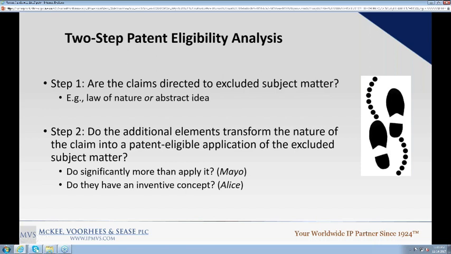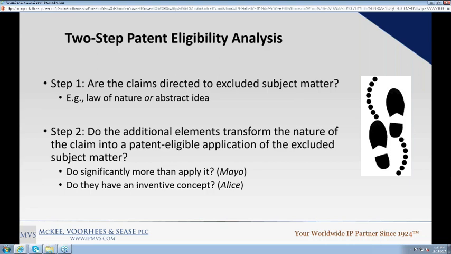The first one really asks, are the claims directed to an excluded subject matter? A lot of the cases we're going to deal with are law of nature cases or abstract idea cases, pure mathematical formulas, and other criteria that could fall into that excluded subject matter. And then you ask, do the additional elements in the claim transform the nature of the claim into something patent eligible?